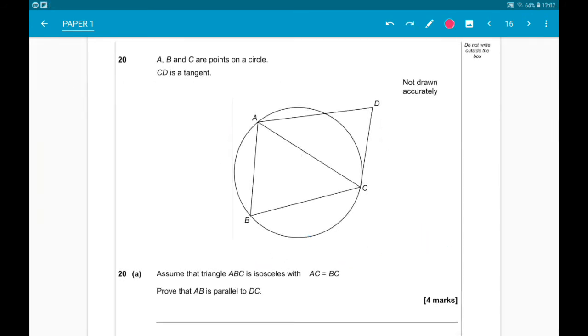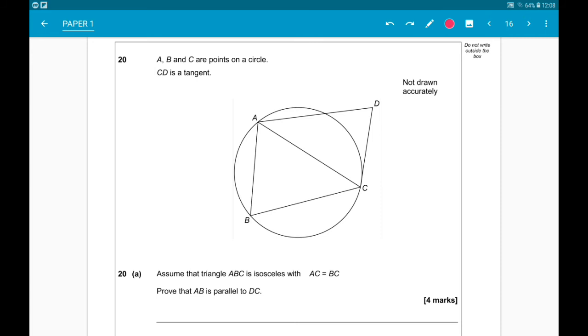Okay, next up, quite a tricky circle theorem problem. Circle theorems playlist linked down below, lots of downloadable exam questions you can get. So, here, A, B and C are points on a circle. CD is a tangent. Assume ABC is isosceles with AC equals BC.